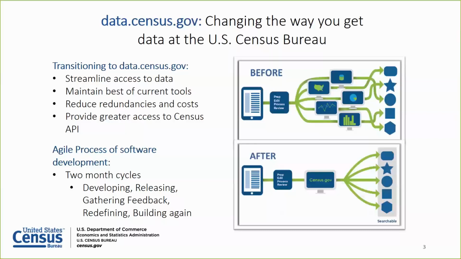So all of this is possible by using the agile process of software development. So we build, then we release for feedback, we gather that feedback, we redefine based on that feedback, and then we build again. We don't want to build for several years, release it, and then have you not like it. Even though this is a difficult process, we've gotten a lot of positive responses that people really like having a hand in creating this dissemination system, and we really appreciate your engagement.